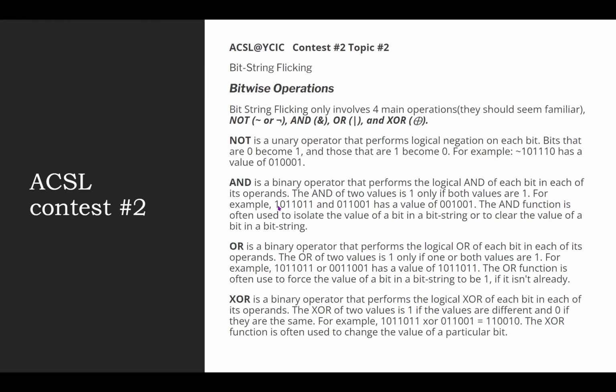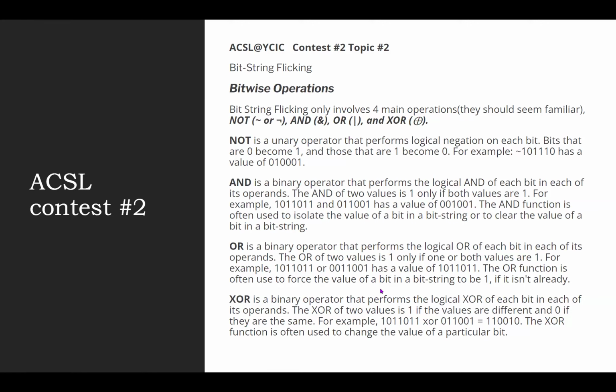So the first one is 1, but this 0 means the first one for this number is 0, because they're both not ones, only one of them is 1. For example, the last one is 1 and this last one is 1, so the value is 1 because they're both 1.